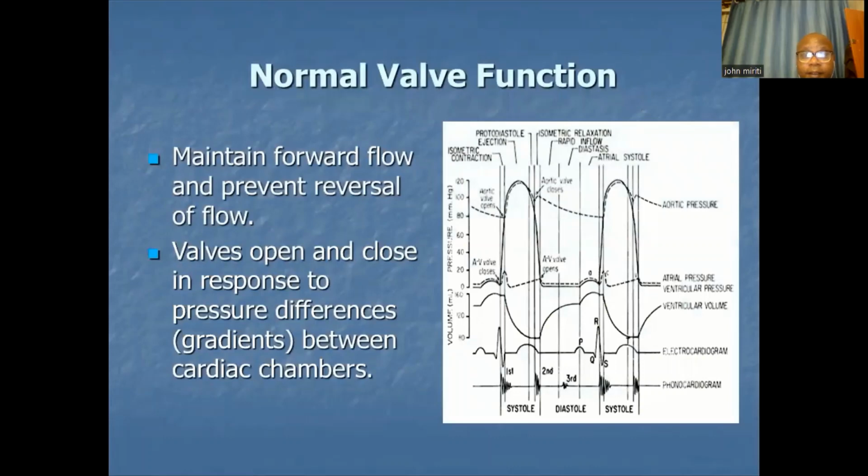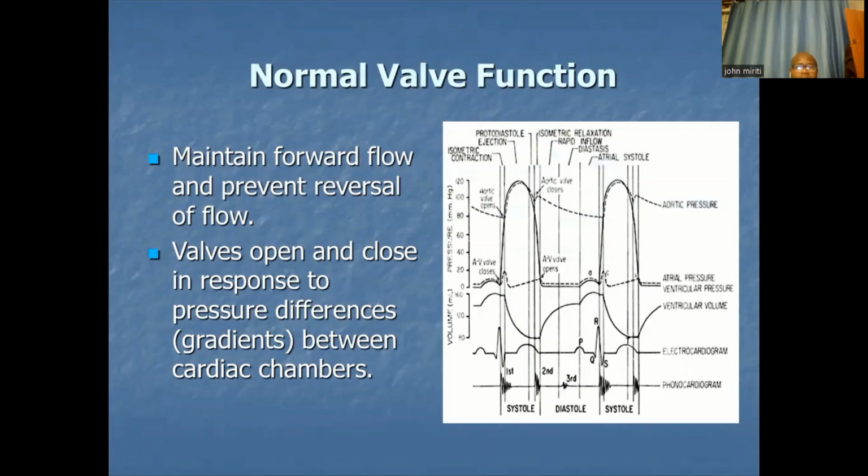So let us look at the normal functioning of a valve. Valves maintain forward flow and prevent reverse flow. So blood flows in one direction, but that is in a normal way. In pathology, sometimes the blood can flow backward.